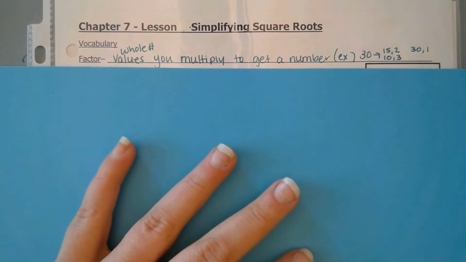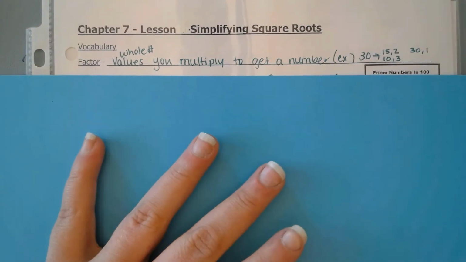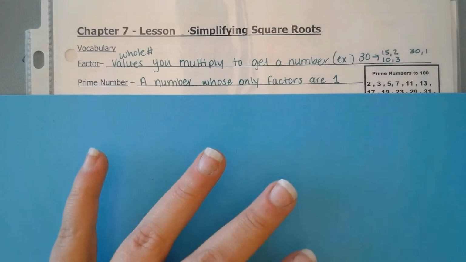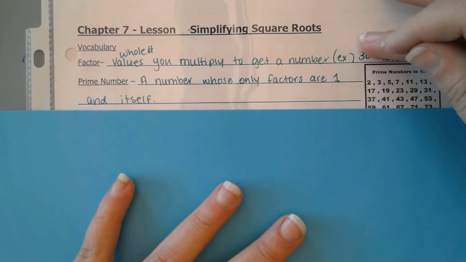Decimals do not count. Now what happens if you're trying to figure out the numbers that multiply and you're coming up stuck? There's not any numbers you can think of. You might have a prime number. A prime number is a number whose only factors are 1 and itself.